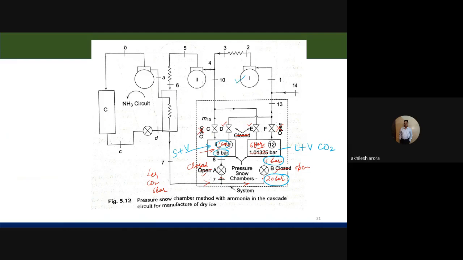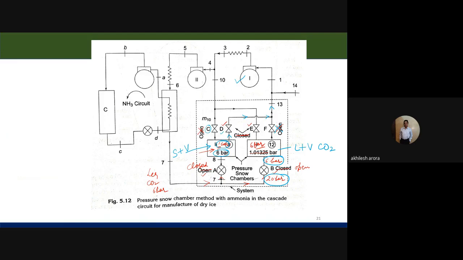So let us see. I told you now this valve C is closed, valve D is open. So whatever the vapor is available to us, it will follow this particular path. This is already closed, so it will go here.